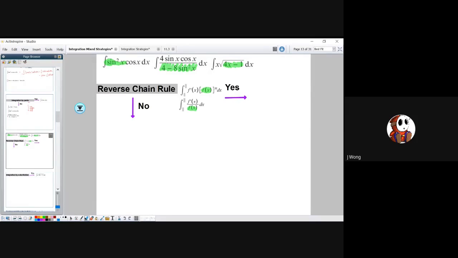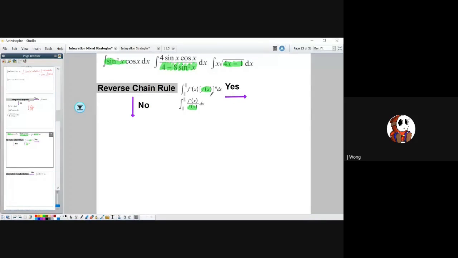Let's see. For the first one, if we differentiate sine x, it gives me cos x, which is identical to the function here. So yes, for the first one, we could use reverse chain rule.